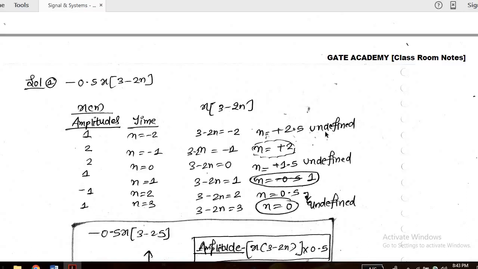But I already told you in the discrete time case, n is always an integer only, positive or negative, but not a fractional part. Integer only, always. Why? Because it is a discrete time axis. Time is discretized. Discrete integer values only are valid. At n equal to plus 2.5, the signal value is undefined.